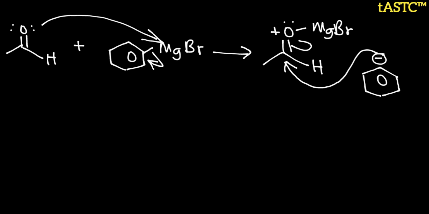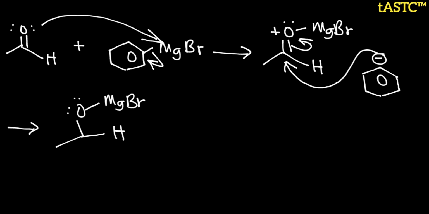Now this bond will detach. So that will give us something like this. You have this, and there is a hydrogen here, and there is going to be this stuff, which is actually the phenyl group.